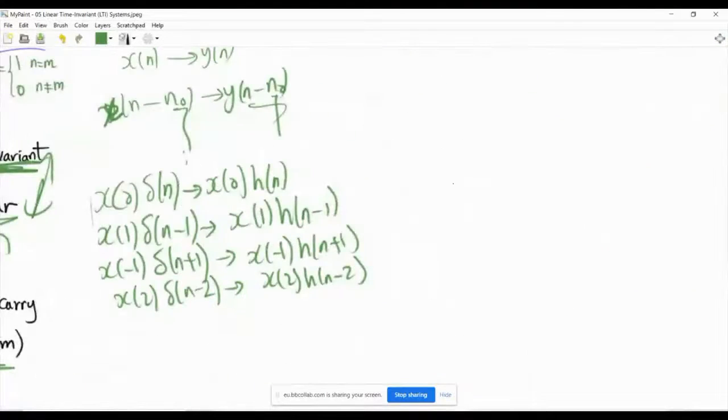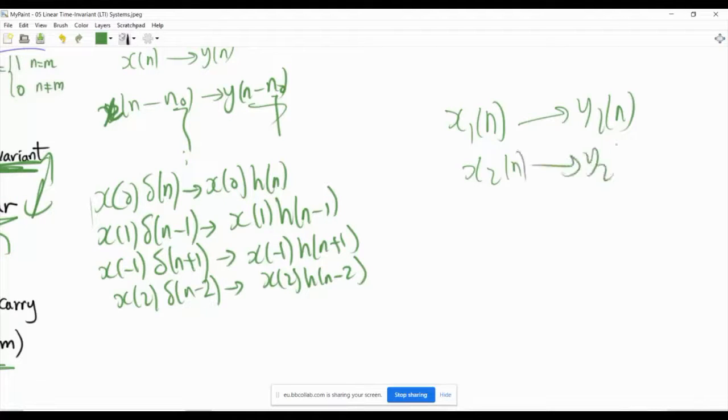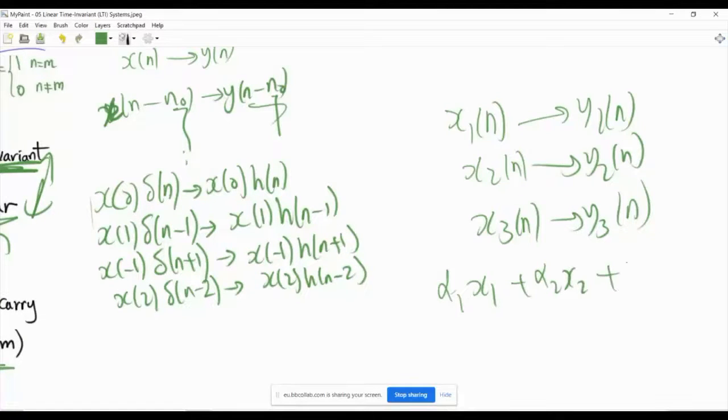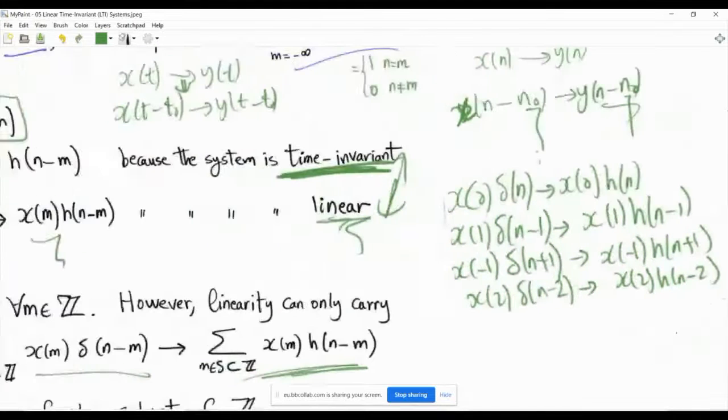So for example, if you give the system x1 of n, it gives y1 of n. You give it x2 of n, it produces y2 of n. x3 of n gives y3 of n. Then if you give it alpha 1 x1 plus alpha 2 x2 plus alpha 3 x3, if the system is indeed linear, this will give you alpha 1 y1 plus alpha 2 y2 plus alpha 3 y3. You can do so for any finite number of inputs, but actually we are greedy.